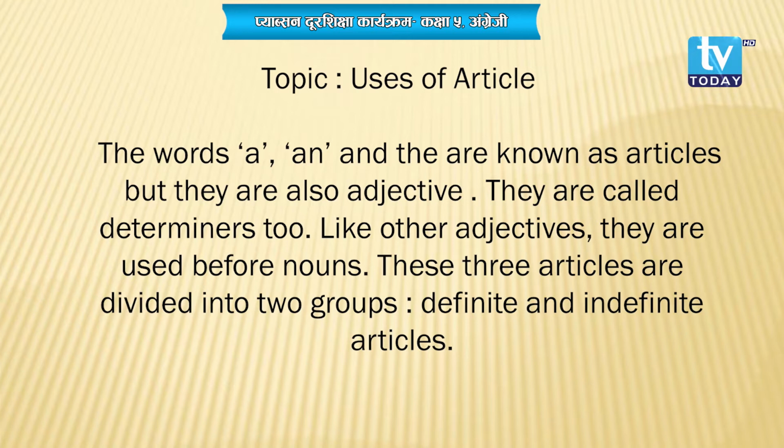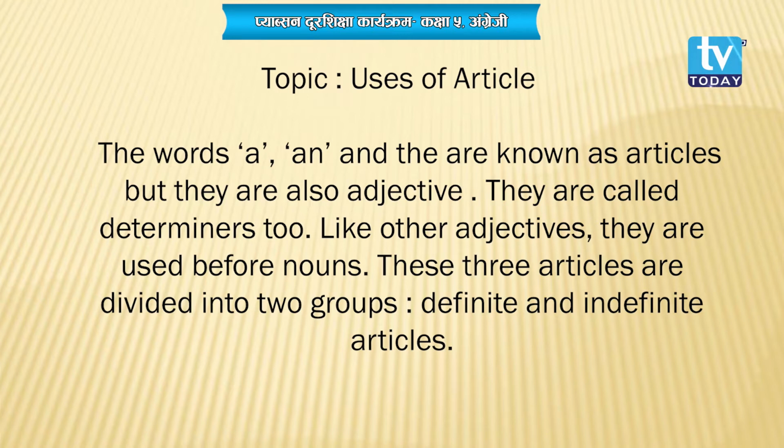Besides that, like other adjectives, they are used before nouns. I have already explained that before. They are used in front of the nouns. These three articles are divided into two groups. Out of a, an and the, they are divided into two groups.